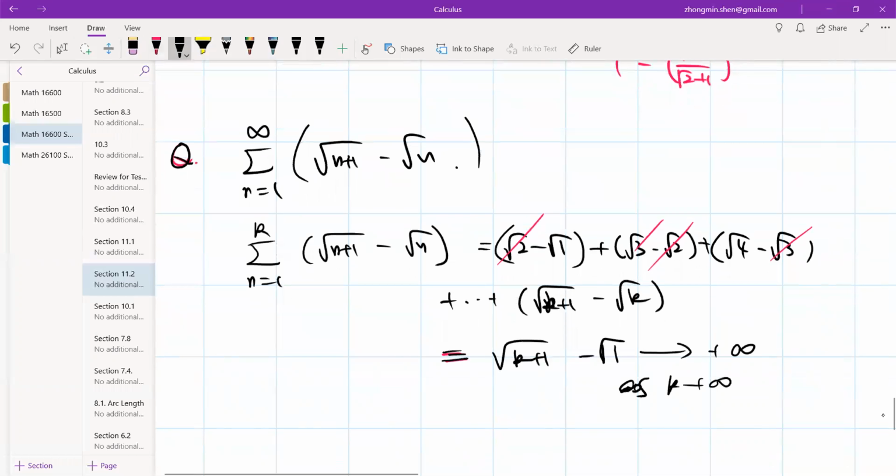So you can see that it's divergent, and you can also say the sum is positive infinity.